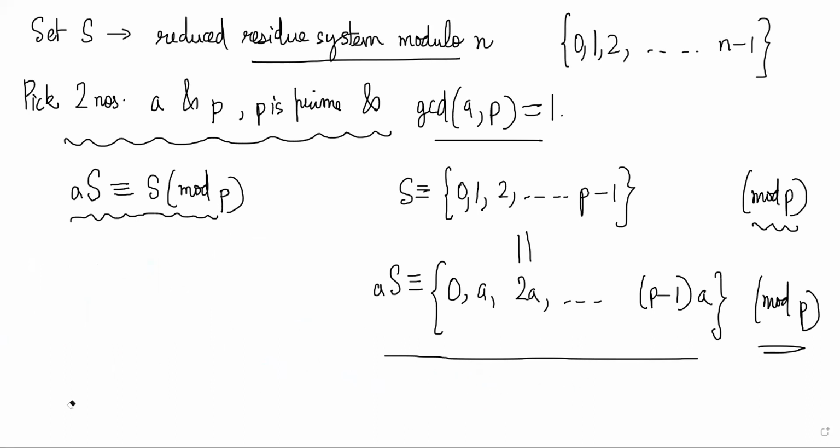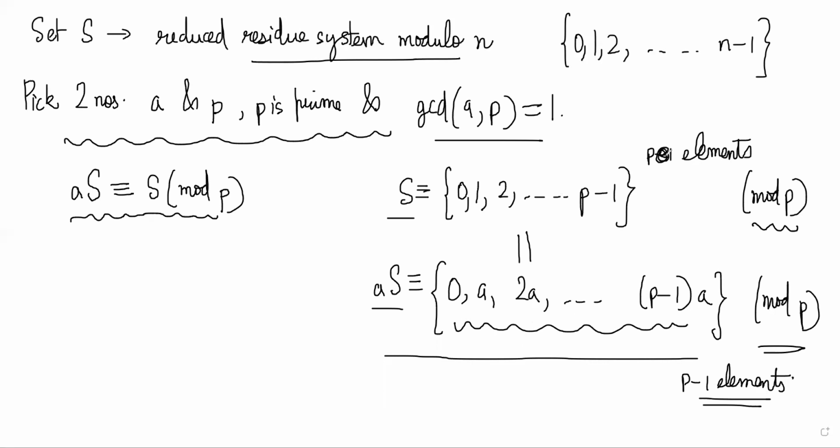Obviously the number of elements of both sets is the same. Now we have to prove that these elements are also going to match once you do mod P. Here we had P minus 1 elements, and here also we had P minus 1 elements.